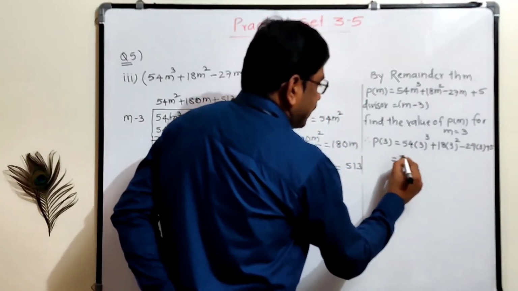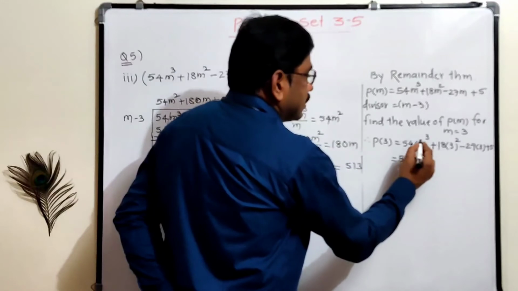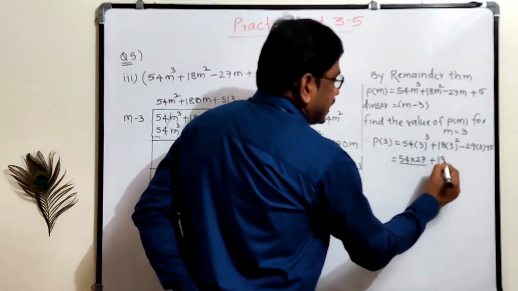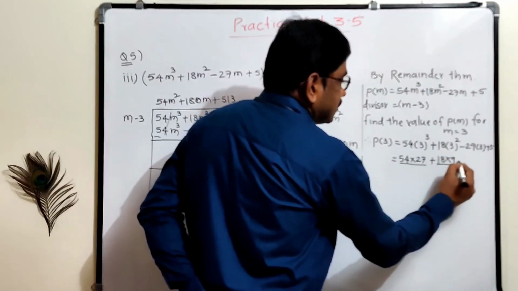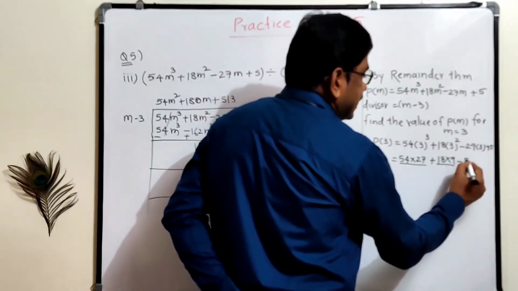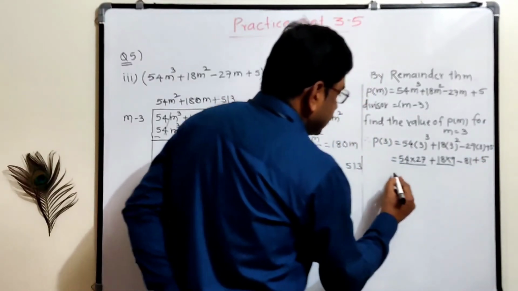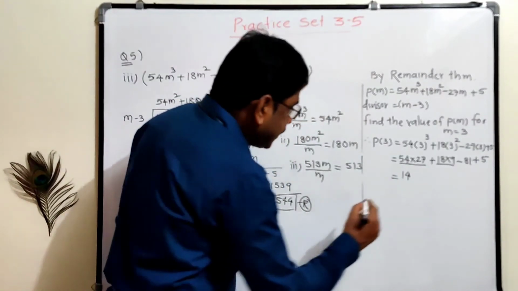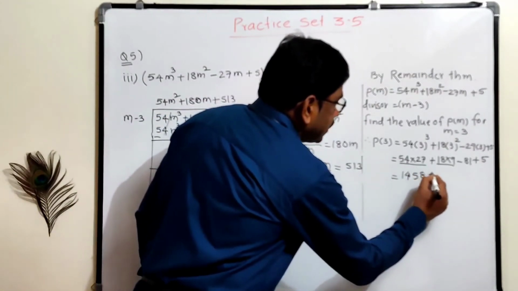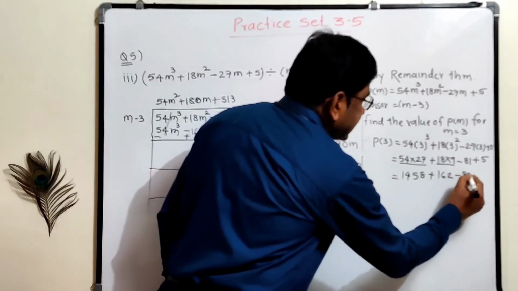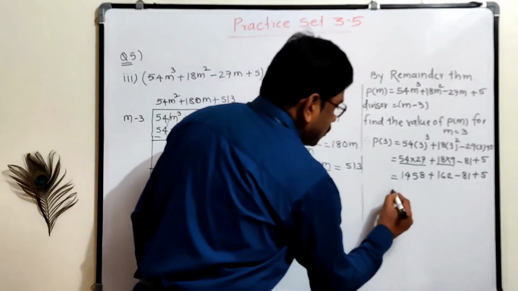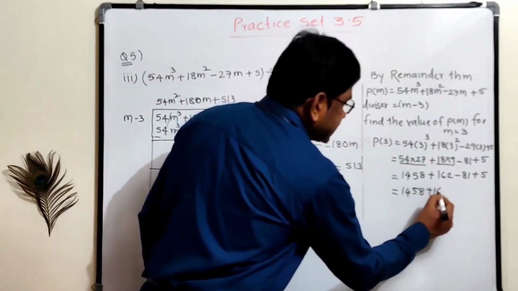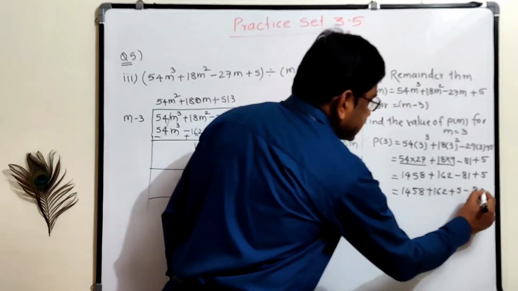Now simplify. 54 into 3 cube is 27, this first product, plus 18 into 9, and minus 27 threes are 81, and plus 5. Do this multiplication: 1458 plus this 162 minus 81 plus 5. So add the positive numbers: 1458 plus 162 plus 5, and minus this 81.